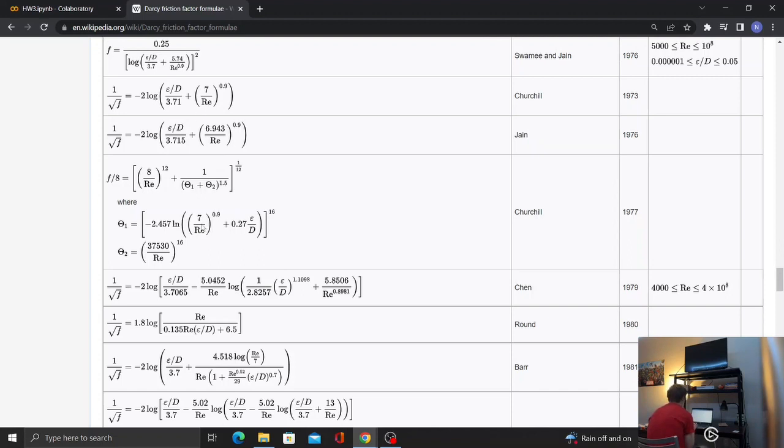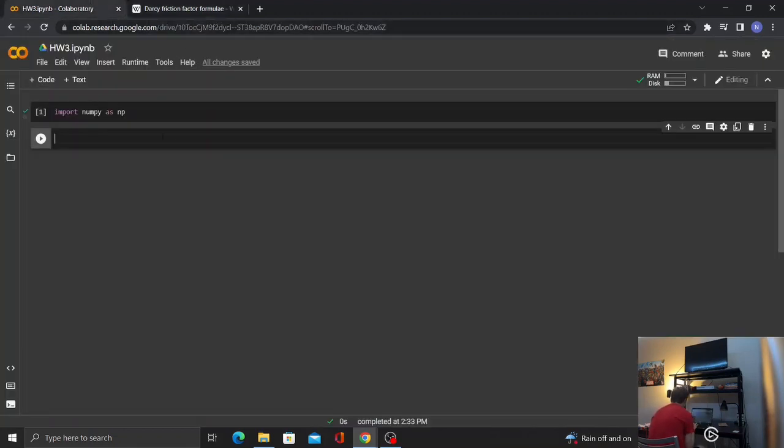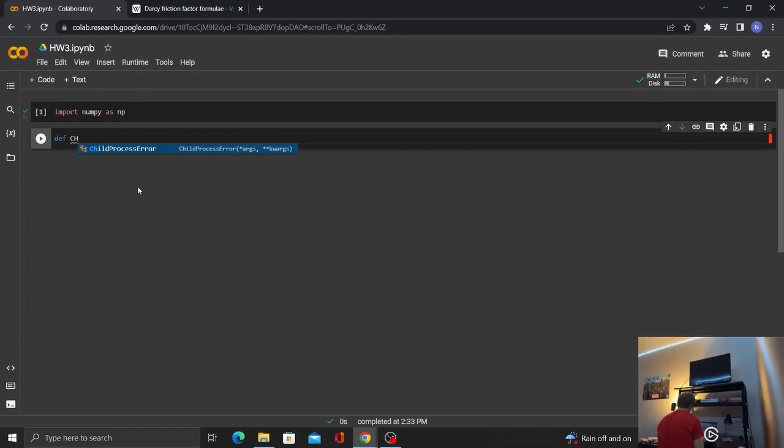So to start off, we're going to define a function for this Churchill equation. As you can see, I've already imported numpy as np. Now we can define a function called Churchill. I'm just going to call it ch.